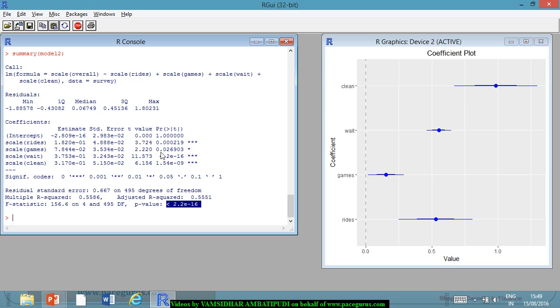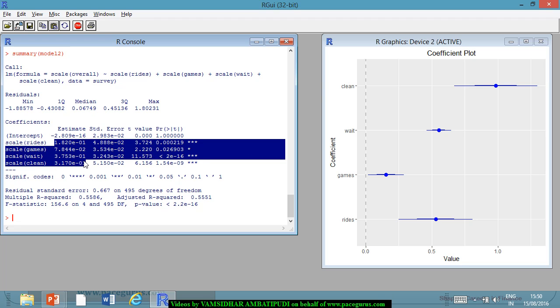And probably you look at each of the independent variables, the p values for each of the independent variables is still the same, which means none of these things are changing when I have gone for a scaling. But the difference is pretty much important that we have to look at these coefficients now.